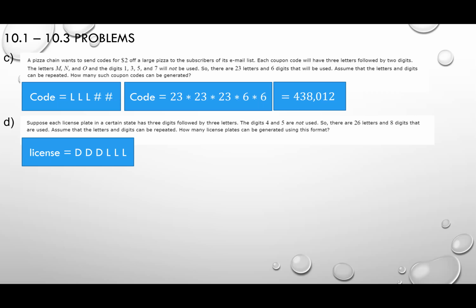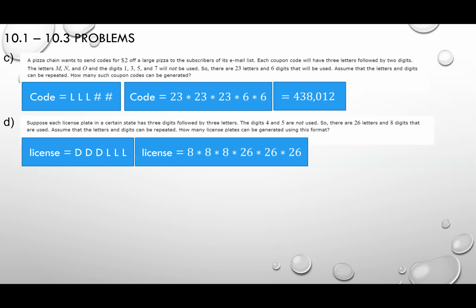At the first digit, I can use 8 of them. At the second digit, I still can use 8, and the third digit, I still can use 8. And for the letters, how many can I use? I can use 26, 26, 26. If I type this into my calculator, and hopefully you type it in too, because it would be painful to do this by hand, right?